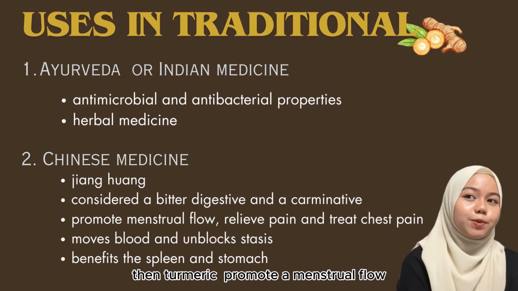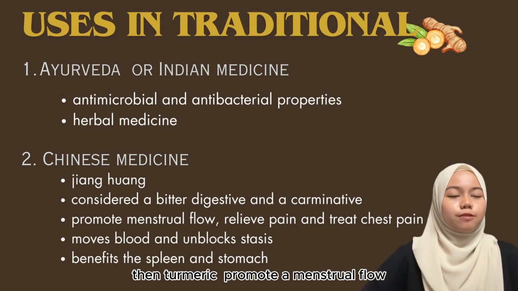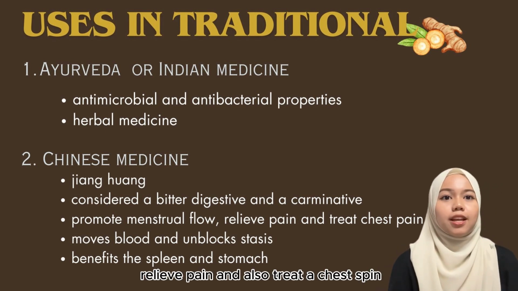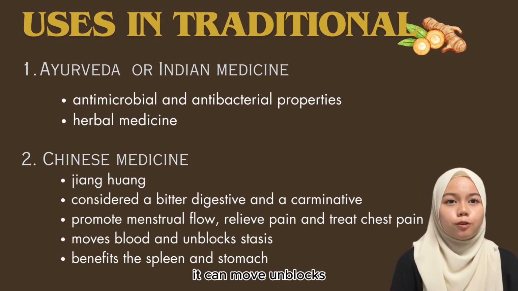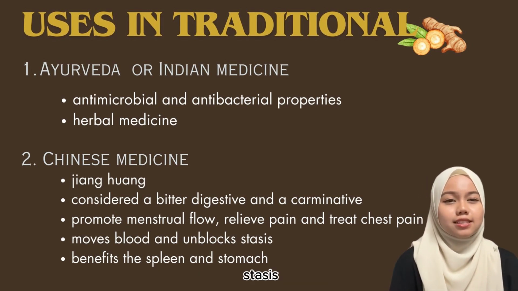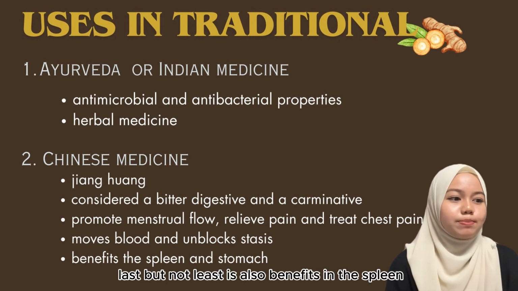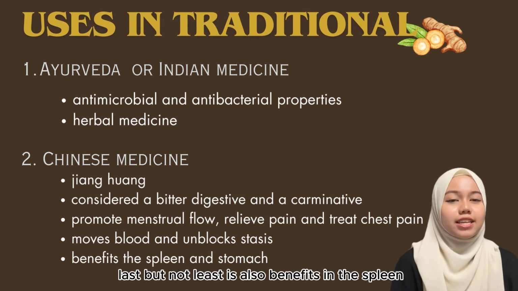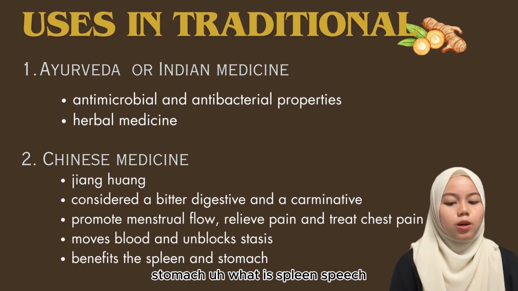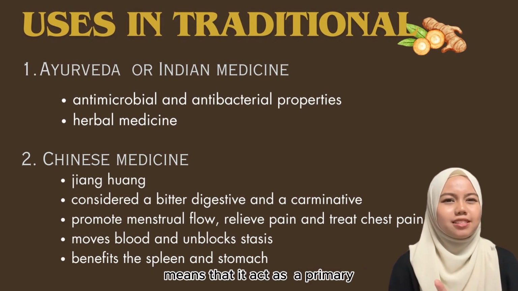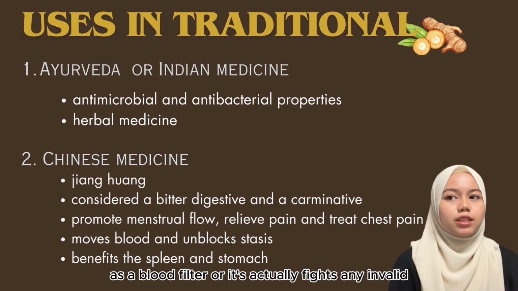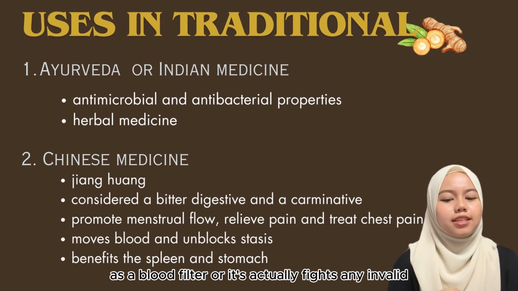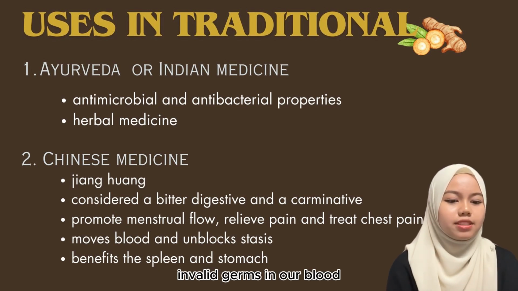Then turmeric promotes menstrual flow, relieves pain, and also treats chest pain, which is it can move stasis. Last but not least, it also benefits the spleen and stomach. What is the spleen? The spleen acts as a primary blood filter, and it actually fights any invading germs in our blood.